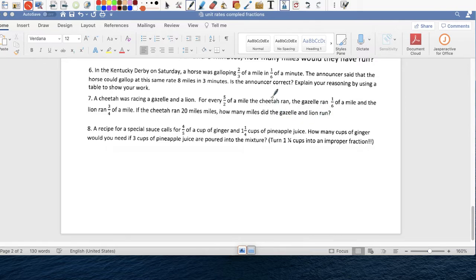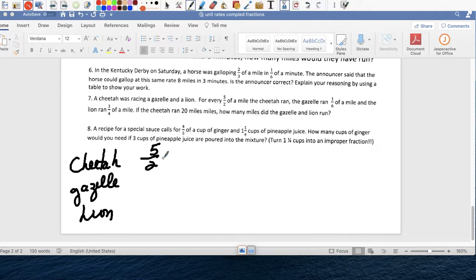So then we have the cheetah, the gazelle, and the lion. So the cheetah is 5/2 of a mile, right? For every 5/2 of a mile, the gazelle ran 1/6 of a mile.